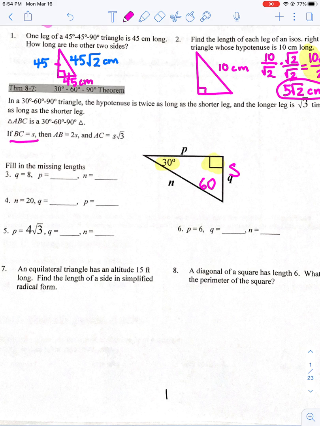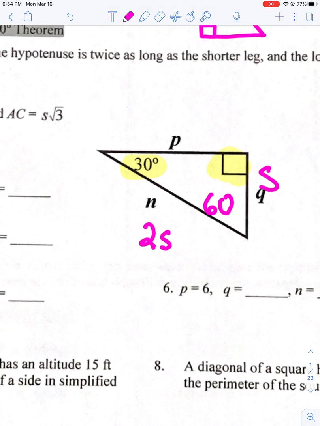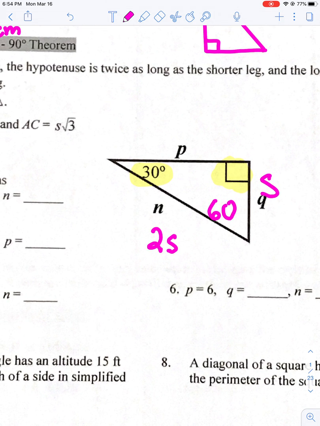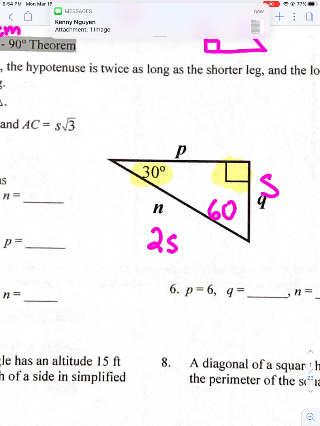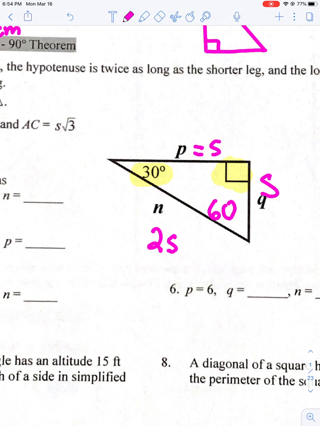That's my shortest side. And to get from the shortest side to the hypotenuse, you would double the length of your shortest side to get 2S. And lastly, to get from your shortest side to your medium leg, which is directly across from your 60-degree angle, you would multiply by a factor of radical 3.